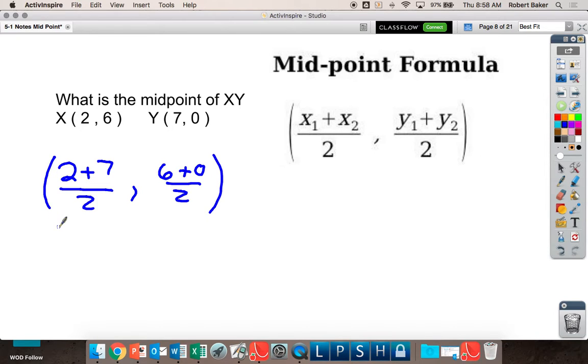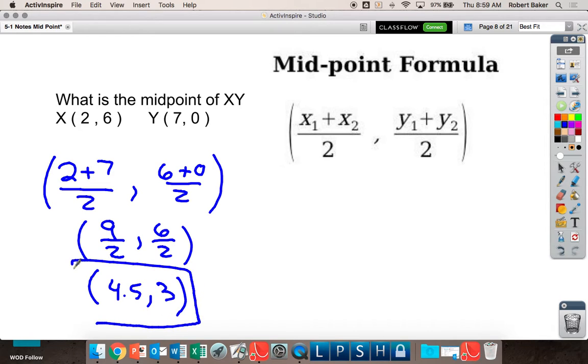Uh-oh, I'm going to get an odd number. 2 plus 7, 9 is an odd number, odd in the mathematical sense. 6 plus 0. Oh, well done. 9 divided by 2. Well done. 4.5. 6 divided by 2. 3. The midpoint of line segment XY is 4.5, 3.